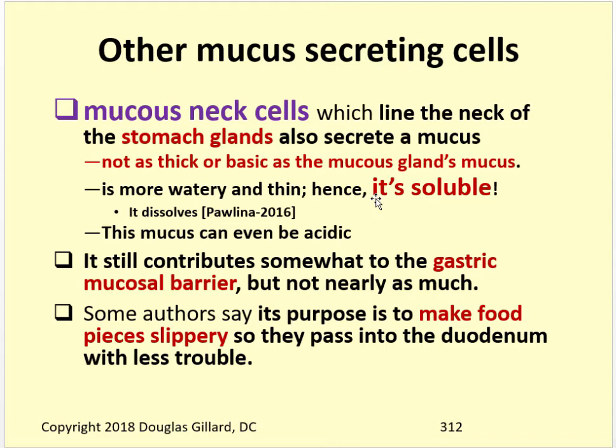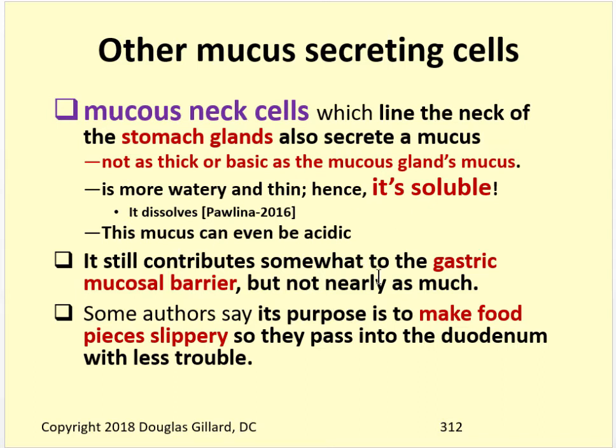So we already said this. Mucosal neck cells also secrete a mucus. It's not as thick. In fact, it can even be a little bit acidic, some research says, but it's not as basic, and not as thick as the mucosal cells' mucus. It's more watery, thin, more soluble.